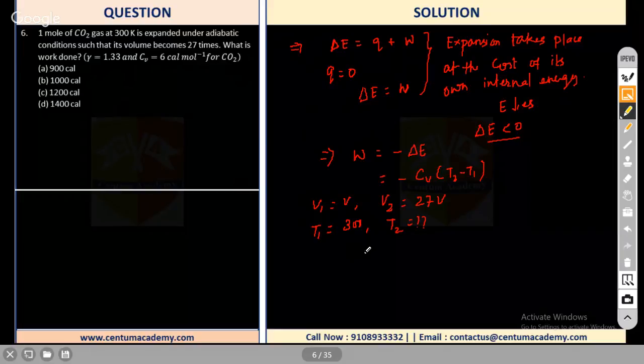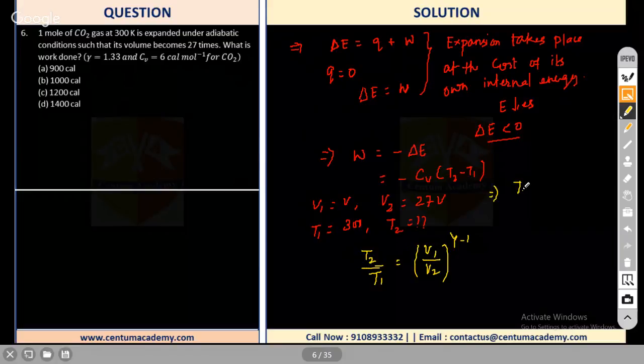So what formula can we use? The relation of temperature and volume in an adiabatic process. T2 by T1 is equal to V1 by V2 to the power gamma minus 1. V1 by V2 is nothing but 1 by 27, right?